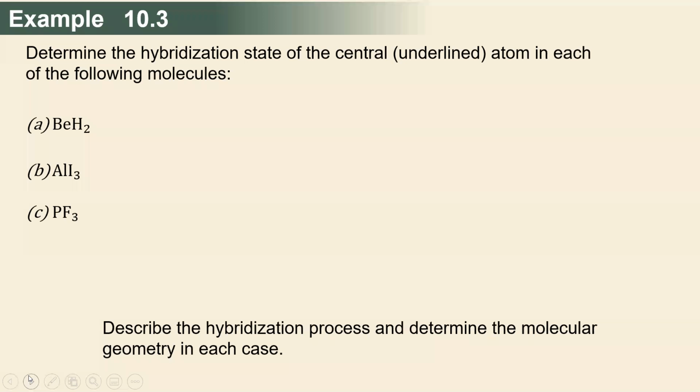All right, so let's do an example. Determine the hybridization state of the central atom in each of the following. I got rid of the big ones that had more than 1 central atom, and so that underline doesn't really make a lot of sense anymore, but there we go.